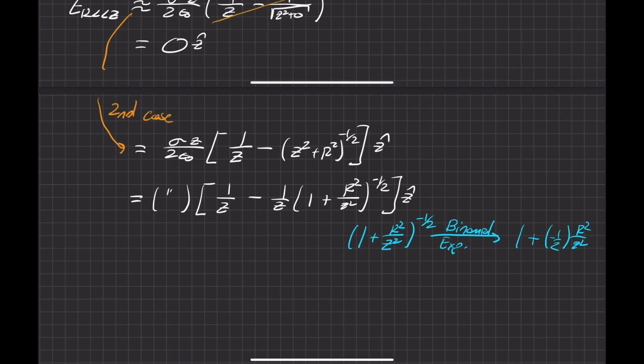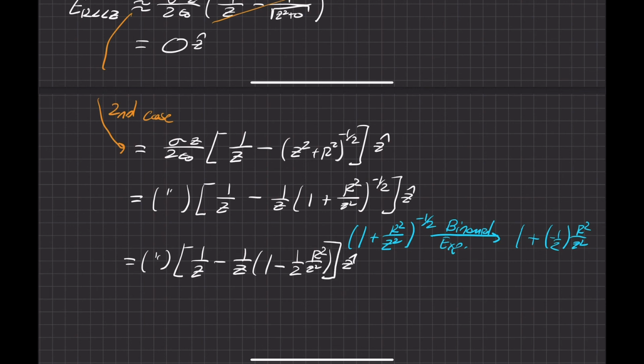We just apply this to this value right here. What we get is the same glob of constants, 1 over Z times the quantity of 1 minus 1/2 of R squared over Z squared, still pointing in the Z hat direction.